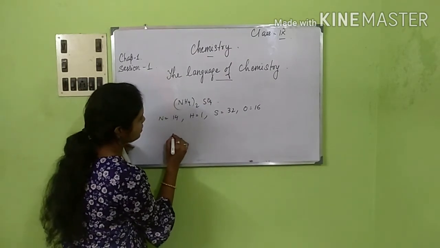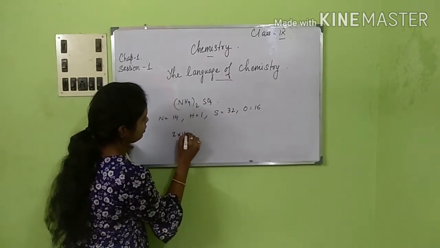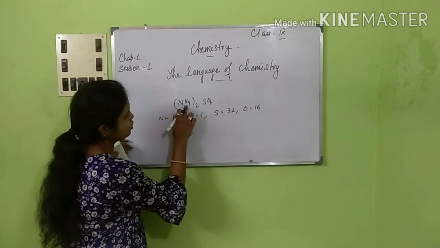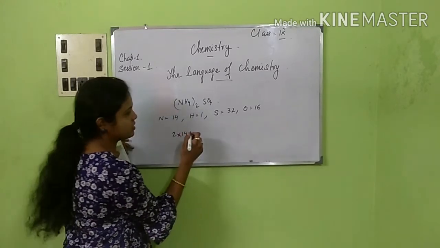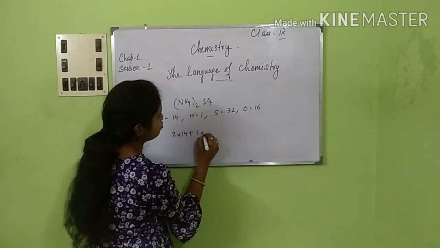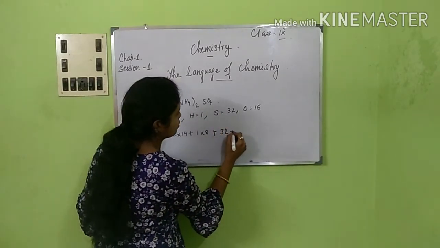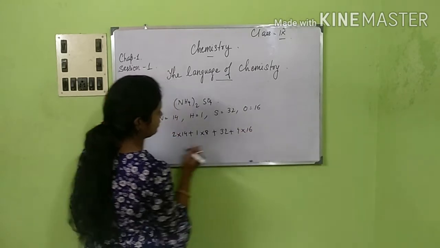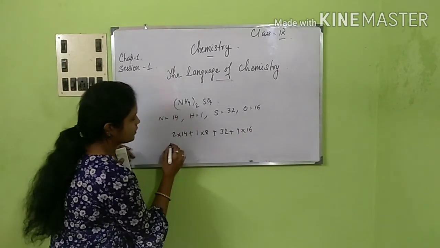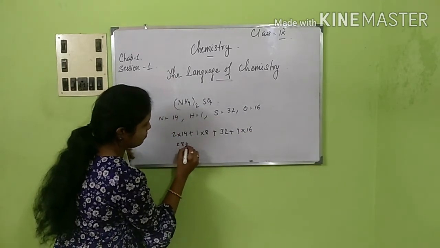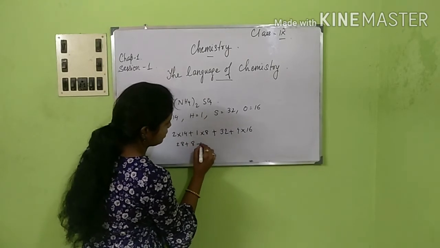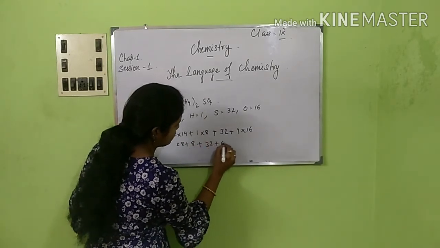So that means 2 into nitrogen 14, that is 28, plus 4 into 2, that is 8 for hydrogen, plus sulfur is 32, oxygen is 4 into 16, that is 64. So you get 28 plus 8 plus 32 plus 64.